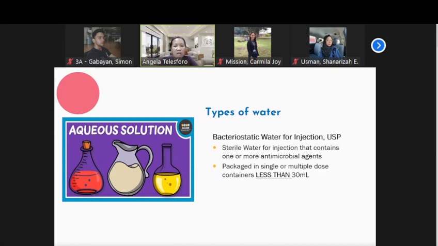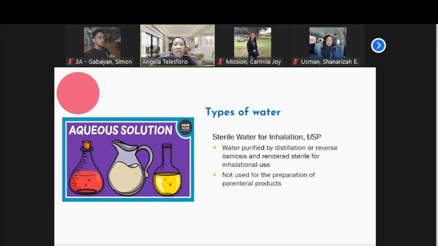Water for injection that contains antimicrobial agents. Okay. Sterile water for inhalation. They are not used for the preparation of parenteral products. Again, distillation and reverse osmosis are the processes by which we purify our water.